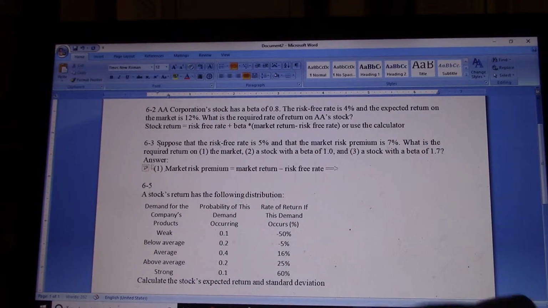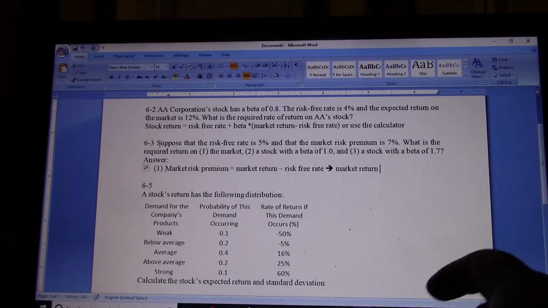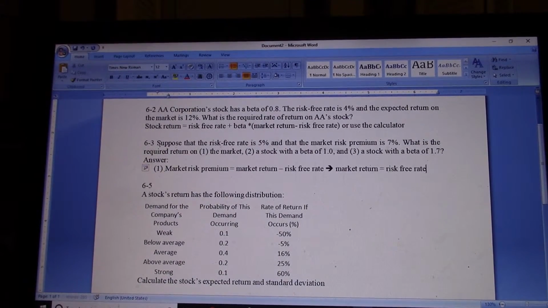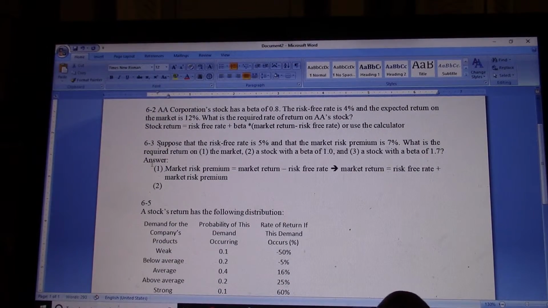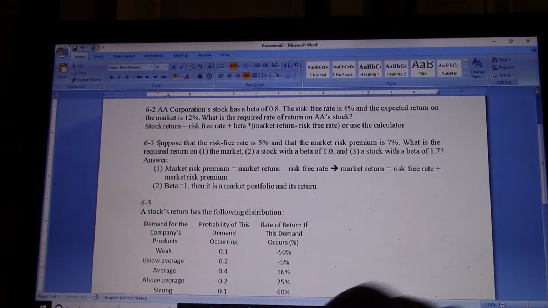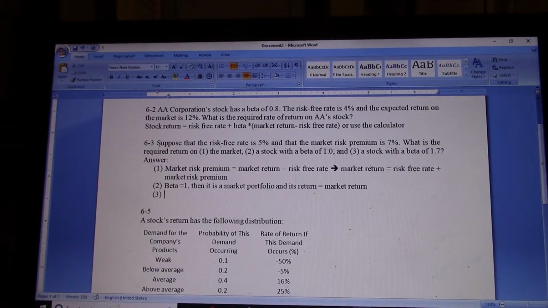So market return should equal the risk-free rate plus the market risk premium. Okay, so if beta equals 1, then it's the market portfolio, and its return should equal the market return we just calculated from step 1.